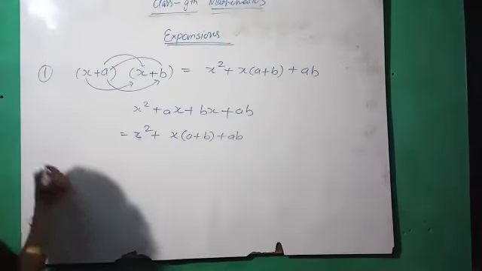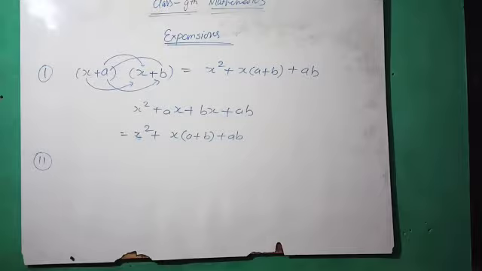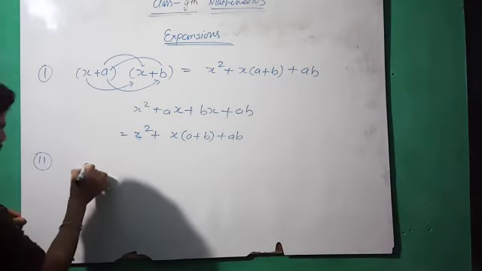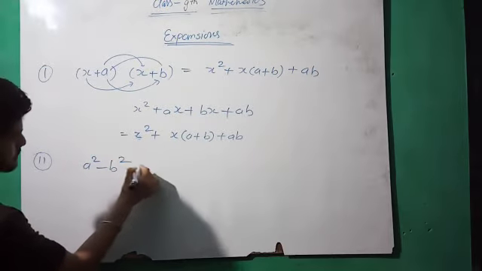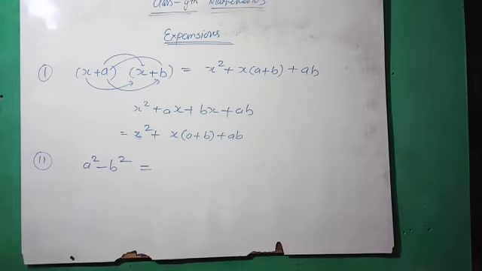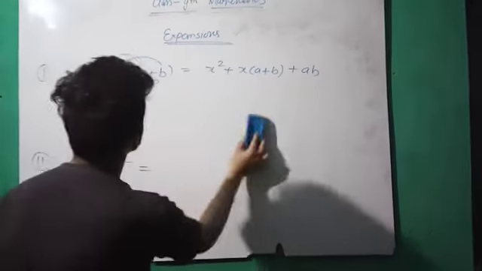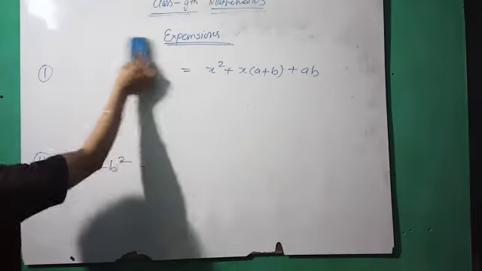Similarly, we have basic formulas for that. The second formula is a square minus b square, that is (a plus b)(a minus b), or vice versa.